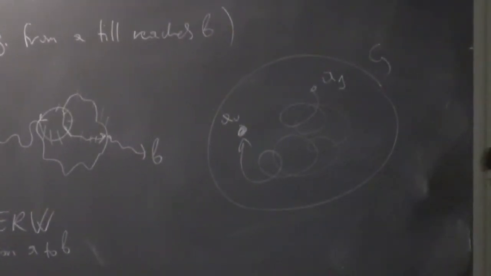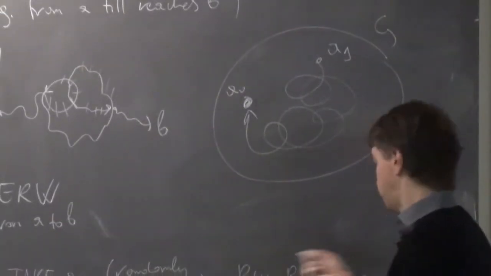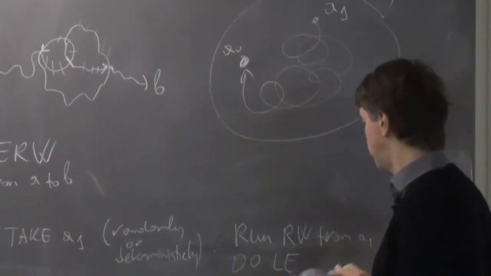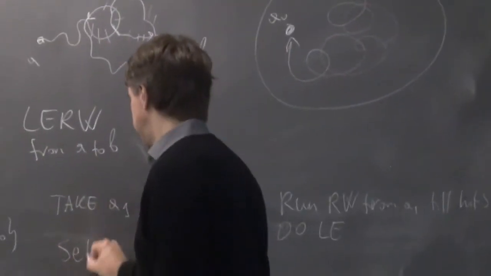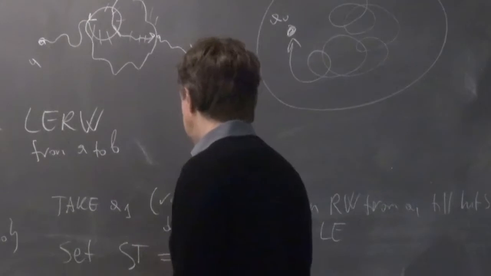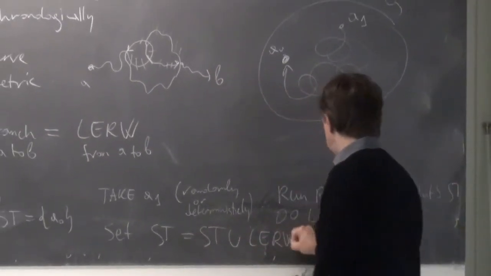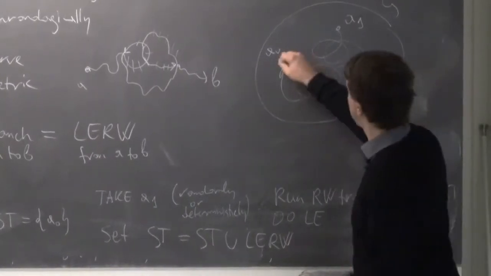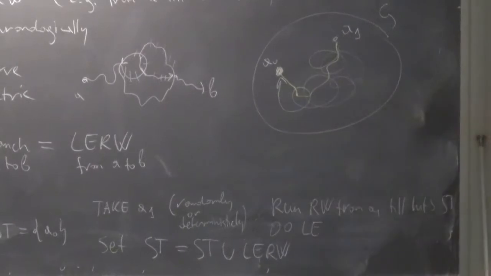Do loop erasure. So we can just run a loop erased random walk if you wish. Set the spanning tree equal to the spanning tree union with this loop erased random walk. So you add to your spanning tree, which had one point, the loop erasure of this walk.